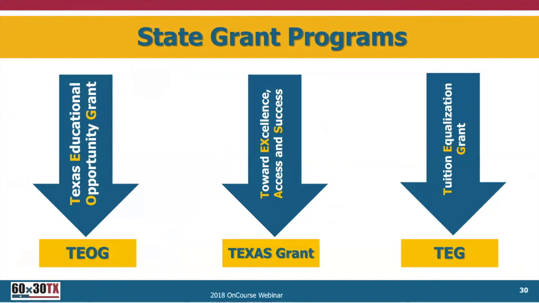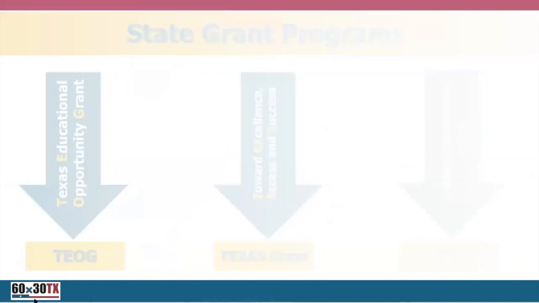The difference between the three programs is that the TEOG program is really designated for two-year community colleges, state colleges, or technical institutes, whereas TEXAS Grant is intended for the general academic institutions I mentioned, so the four-year public universities, and then TEG is intended for private institutions of higher education. So again, each one has its own bucket of students that it's going to be funding.